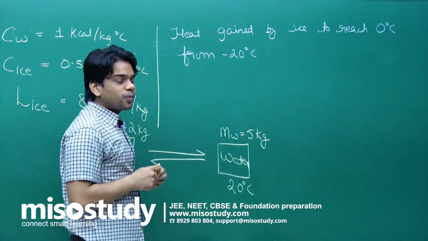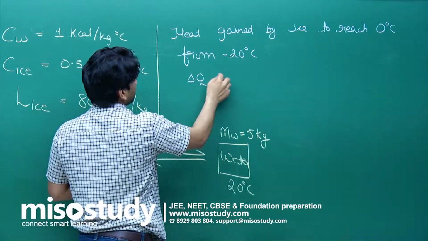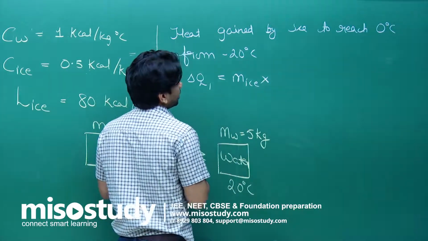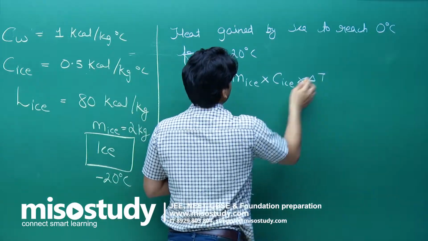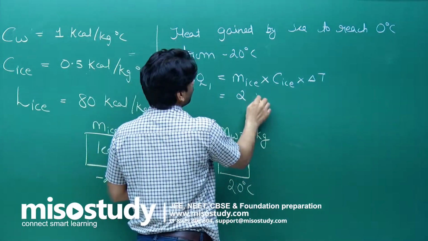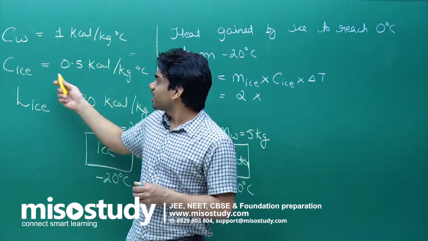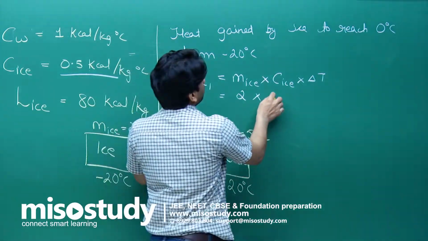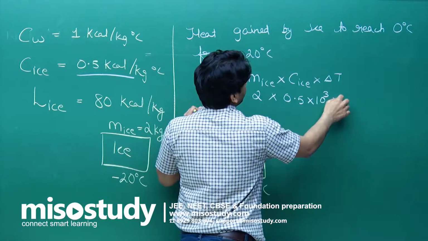So for this process, the heat acquired will be delta Q1 is equal to mass of ice multiplied by specific heat capacity of ice multiplied by change in temperature. Mass of ice is 2. C of ice, the specific heat capacity of ice, is given as 0.5 kilocalorie per kg per degree Celsius, that is 0.5 into 10 to the power 3 calorie per kg per degree Celsius.